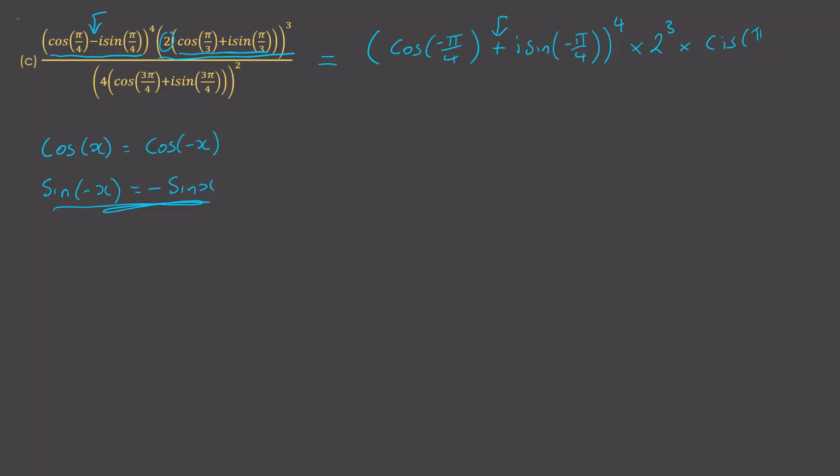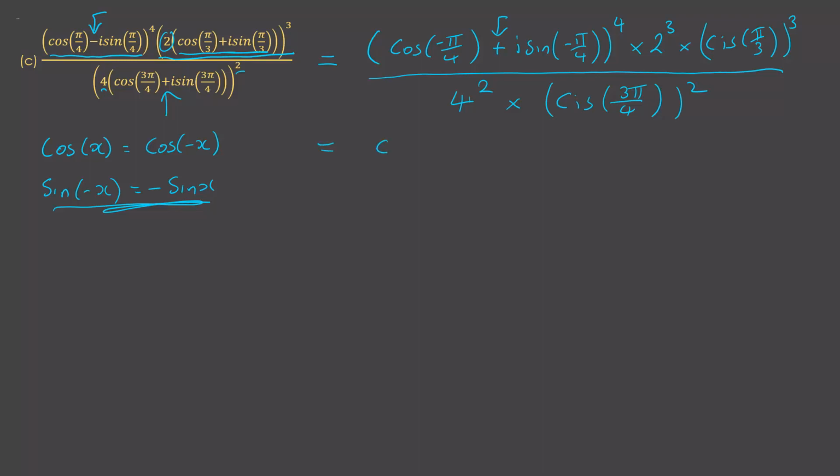So I've got cis pi by 3 to the power 3. Then on the bottom, this is a cis because we've got a plus in the middle. So the 4 is going to be squared. So I'll write that as 4 squared for now. And then I have cis 3 pi by 4, which is also squared.